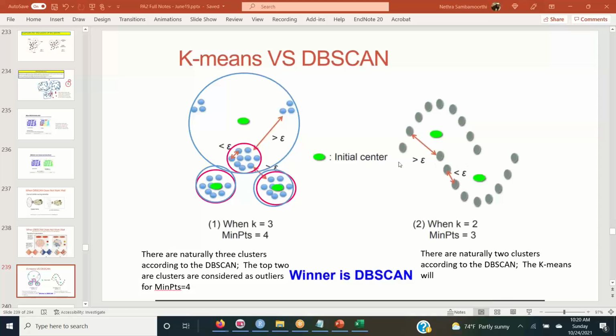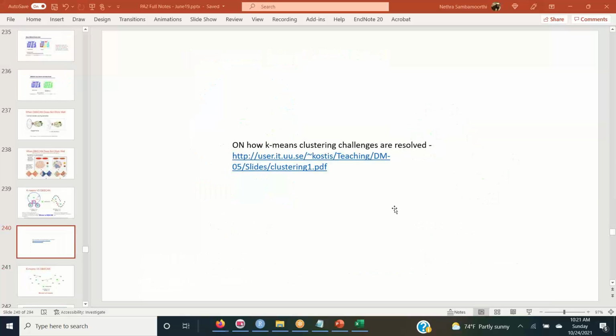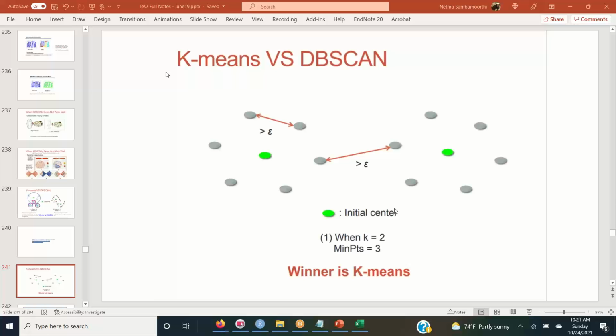Some of these points will be left out, but because you want 2 clusters, these boundary points will be left out. Am I making sense to you all? Yes, sir.